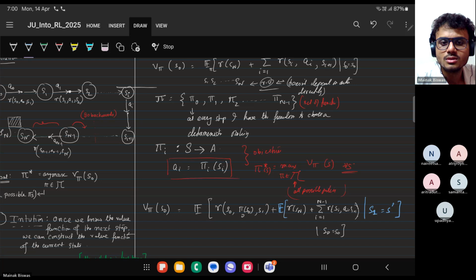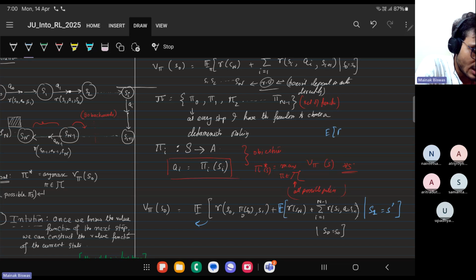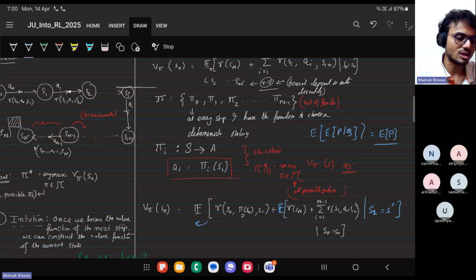Yes or no? By iterated expectation, I can keep conditioning on things that I don't know. Because when I go back to the outer expectation, the expected value of P given Q is just the expected value of P. First you get a random variable in terms of Q, and then you take an expectation over that as well, so you get a real number. Yes or no?